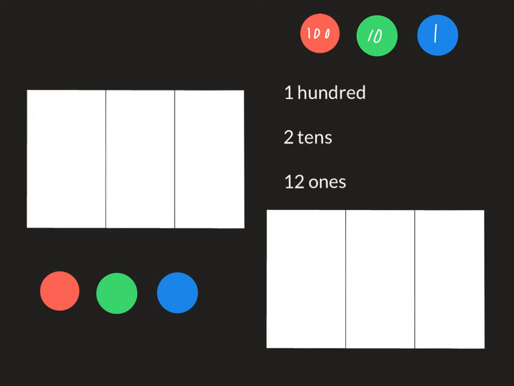Okay, so let's see. Same as before, we have 3 place value discs. They'll have different denoted values, and then we have our place value charts with hundreds, tens, and ones. Okay, now it's asking for 100.